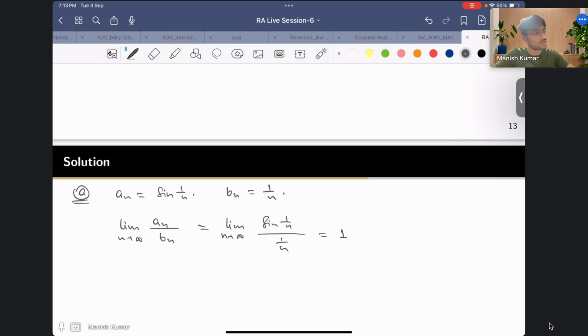Let me see. You have to basically use sin 1 by n by 1 by n minus 1. You have to prove this is very small, so you will have to use some bound on mod sin 1 by n.